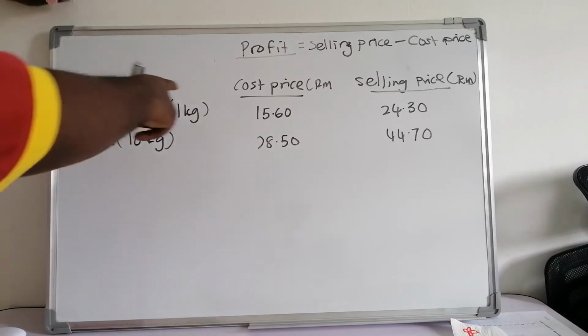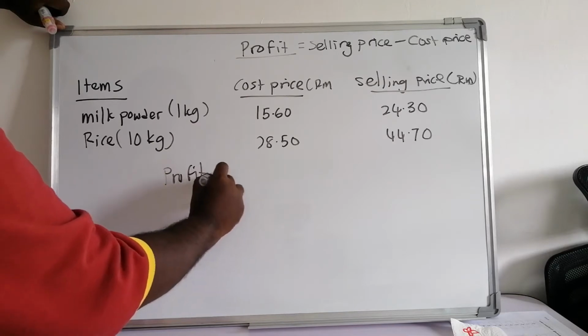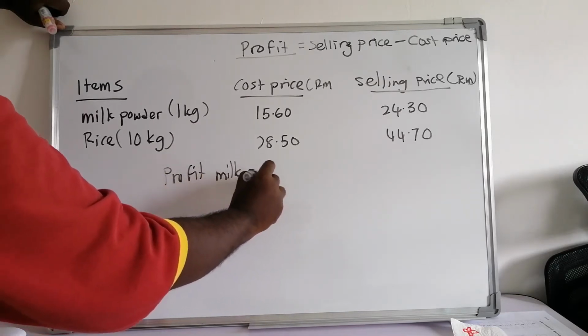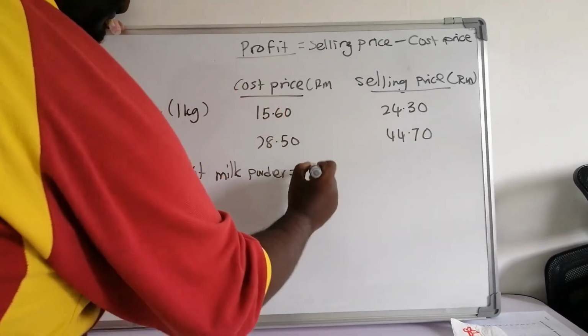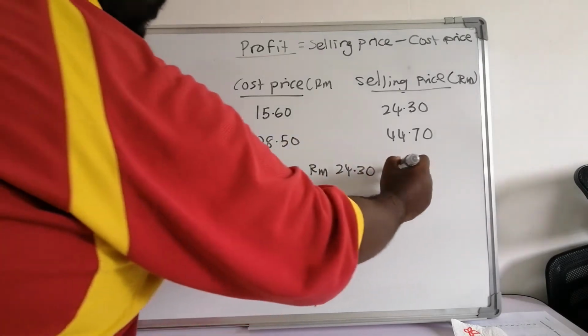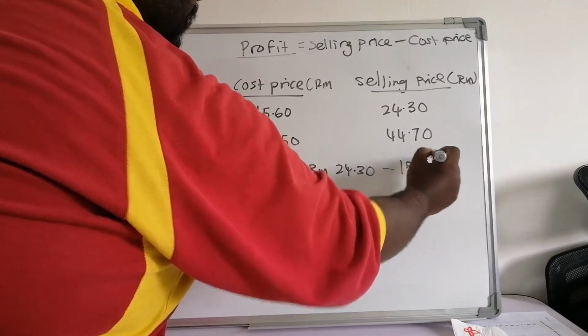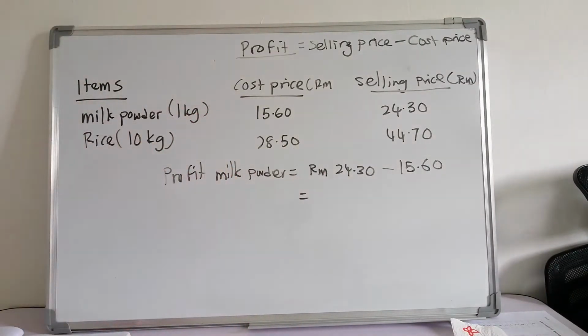Profit of milk powder is equal to selling price 24 ringgit 30 cents minus cost price 15 ringgit 60 cents. The answer is the profit for milk powder. You do it yourself. I won't show it here because this calculation is very simple.